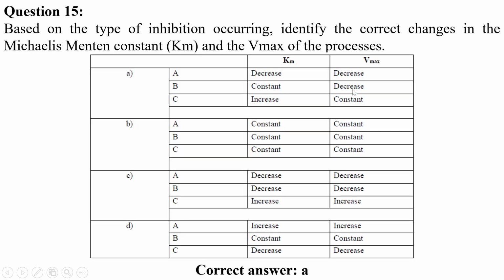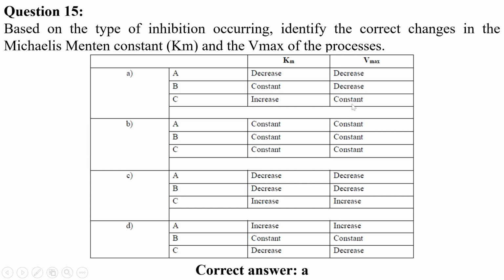If Kcat is directly proportional to Vmax, then if Vmax is decreasing, Kcat will decrease in case of uncompetitive inhibition, and in case of non-competitive inhibition also Kcat should decrease because Vmax is decreasing.